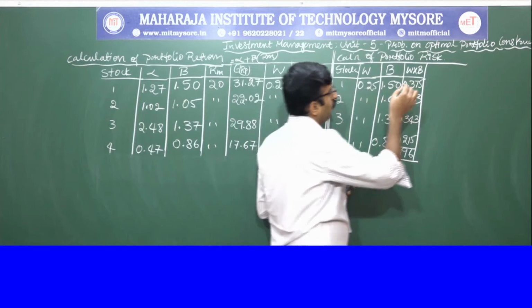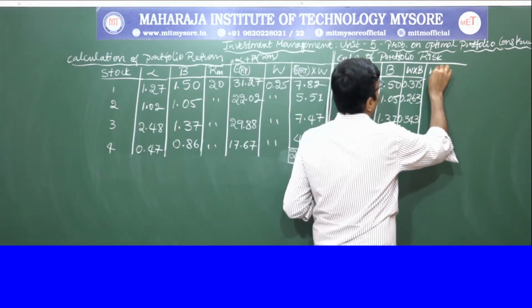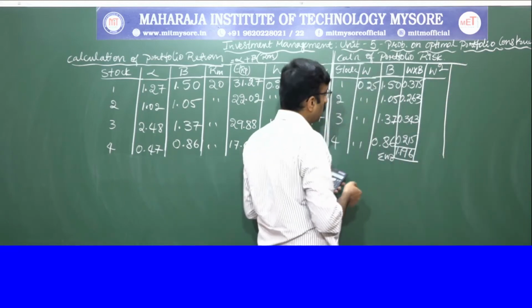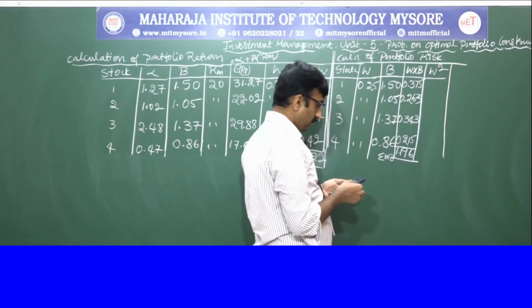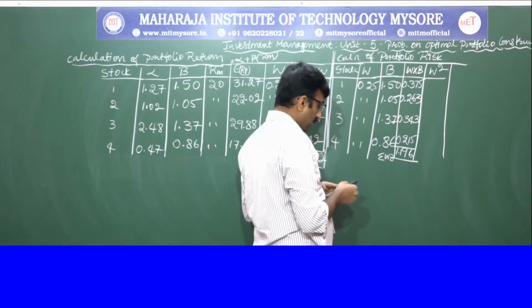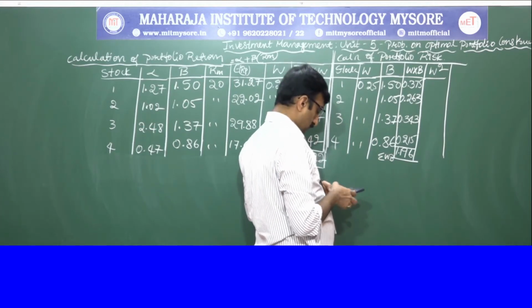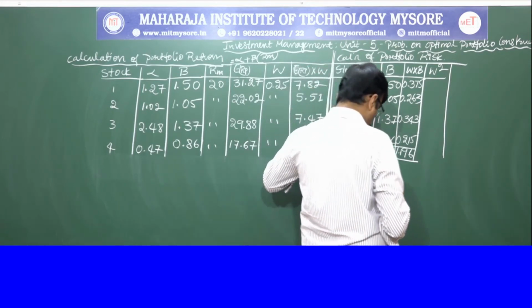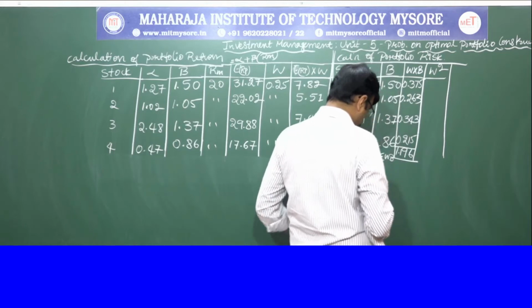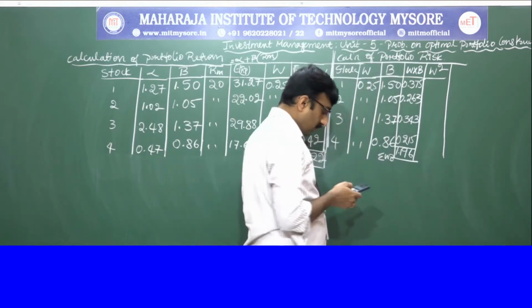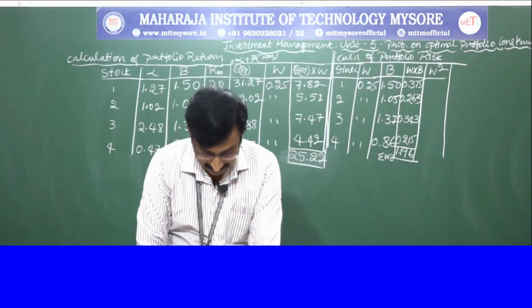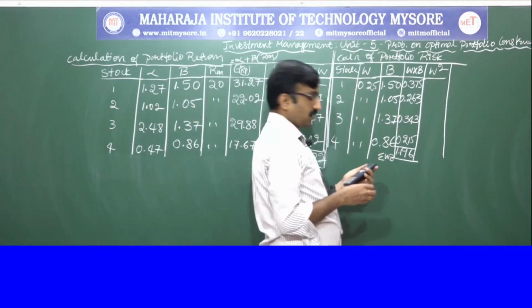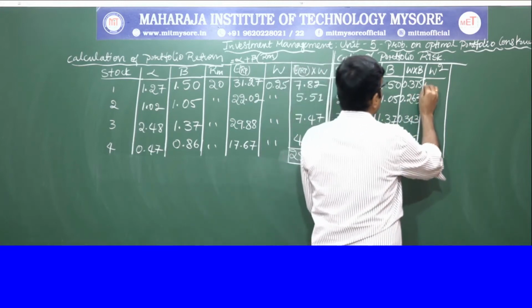Then you go for weight square. How will you do weight square? 0.25, square of that, we will get 0.0625.